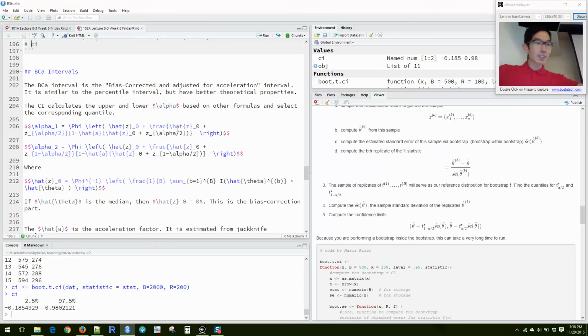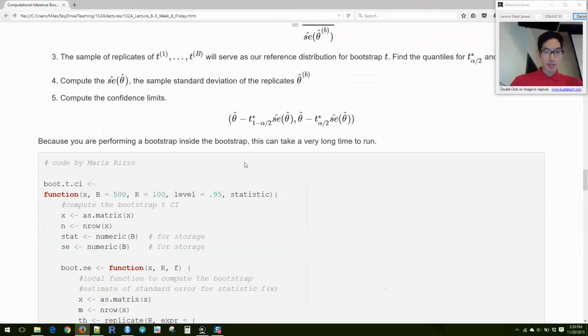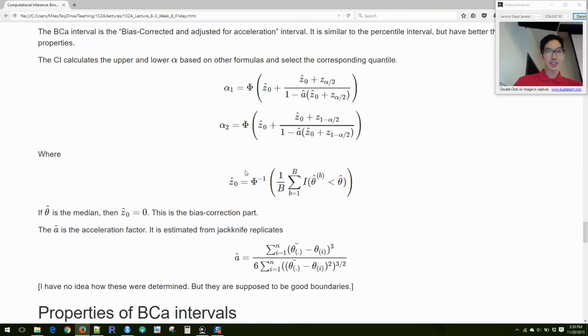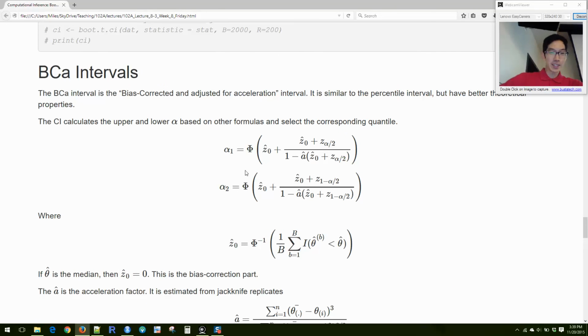Okay, the other interval is the BCA interval. BCA is the bias corrected and adjusted for acceleration interval. It's basically the adjusted percentile interval.